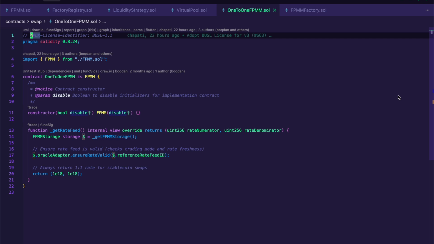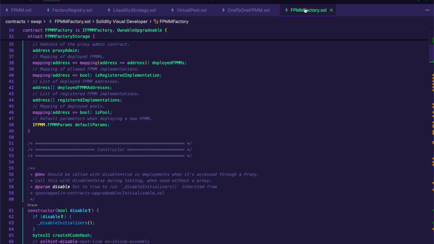We also have an FPMM factory, which is used to deploy the same pools for the same two assets to the same address across different chains. Therefore, we use create3. It also keeps track of deployed pools and registers implementations.